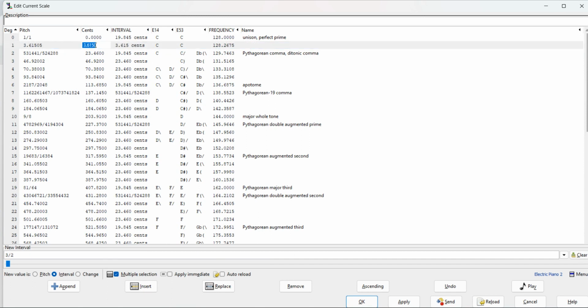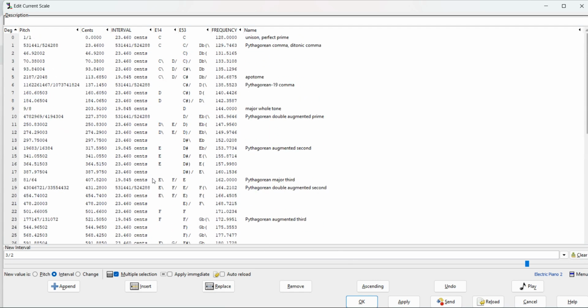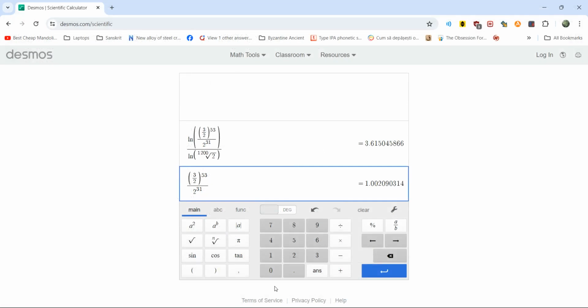If we just basically add 1 to 0 3, we can just now remove the octaves and sort everything in ascending order. So basically this is what we will get: a tuning based on Pythagorean commas.